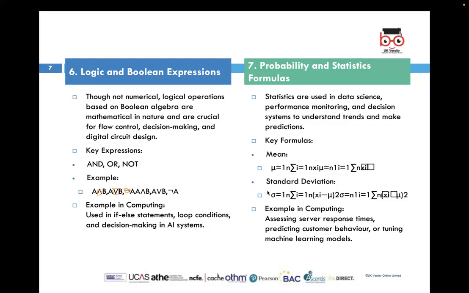Standard deviation is here also, that's the sign for standard deviation, which equals the square root of 1/n times the sum of squared differences from the mean. An example in computing is assessing server response times, predicting customer behavior, or tuning machine learning models.